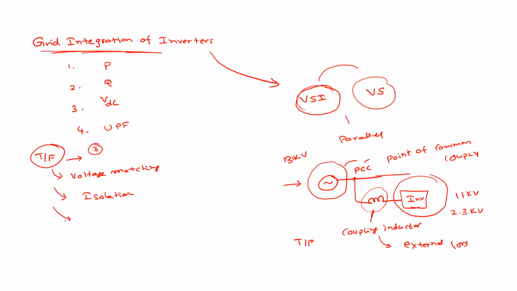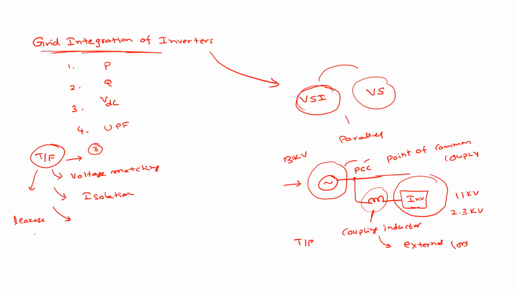Another thing is that, as we already discussed, when an inverter is to be connected to a grid, you require a coupling inductor. Here the transformer has some leakage inductance.